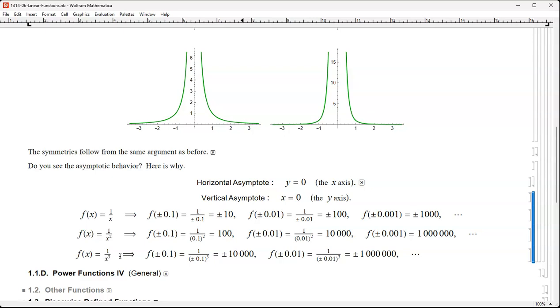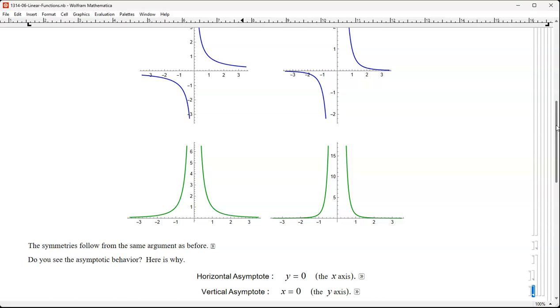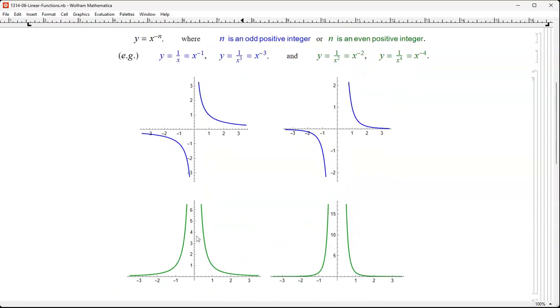As n value gets bigger and bigger and bigger, as we move close to 0, the function value will blow up to infinity or negative infinity more quickly. And plus or minus will just disappear for even, stay, and consequently we have splitting behavior, one positive, one negative infinity for odd graphs.